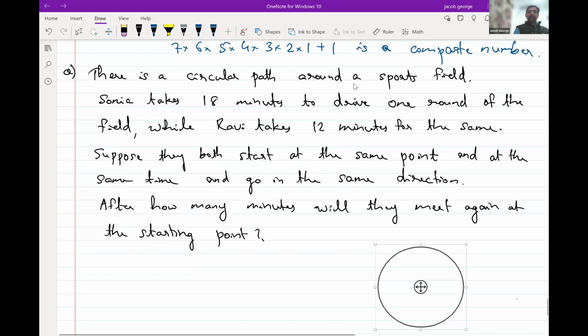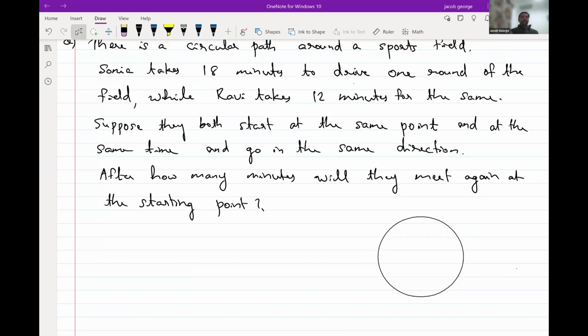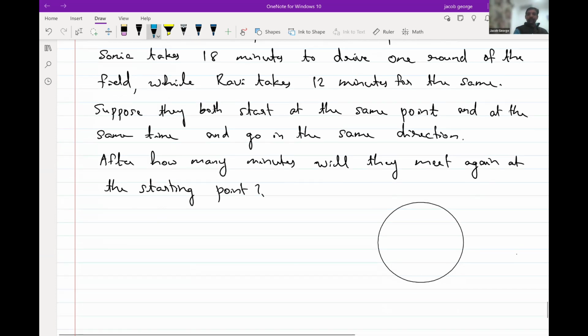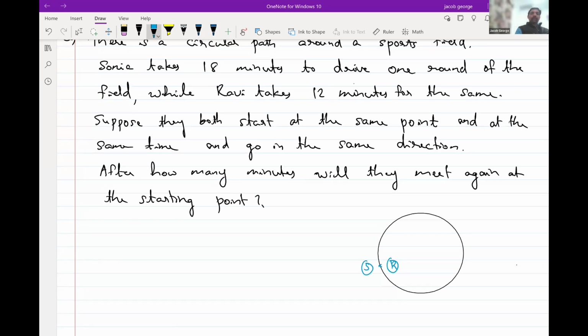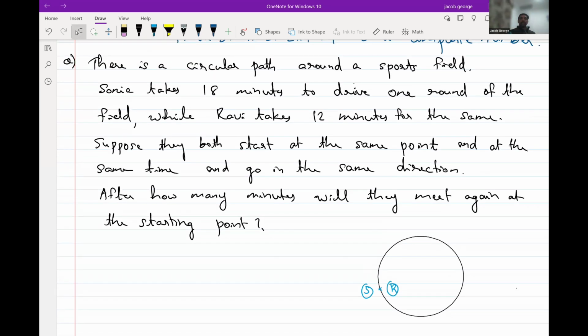Then two persons, Sonia and Ravi, both start at the same time, right? At the same point, both of them start.